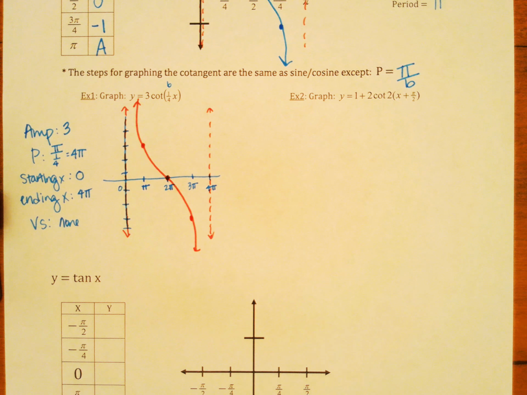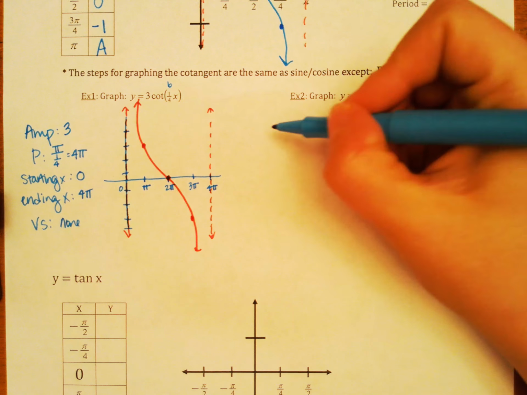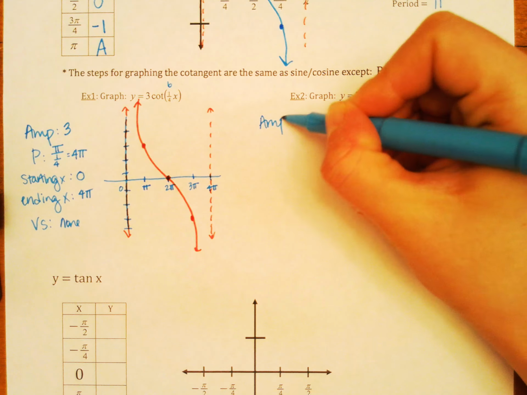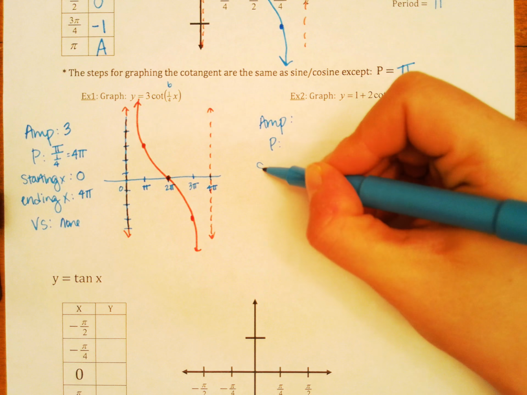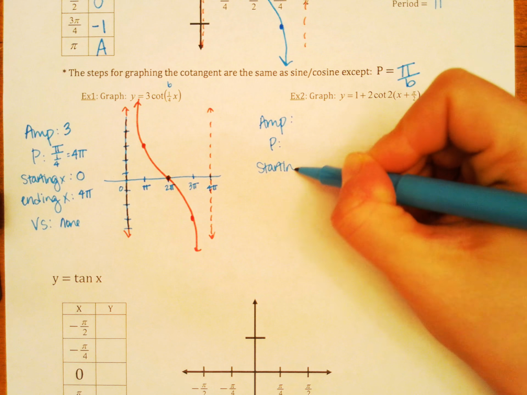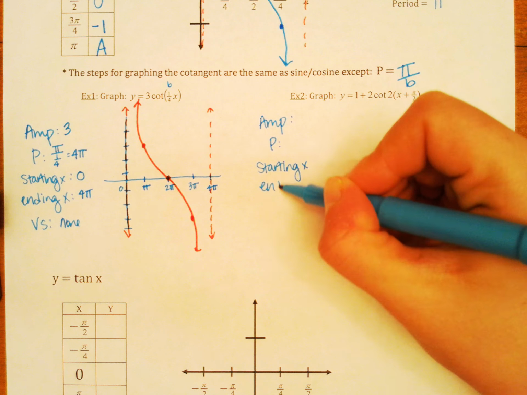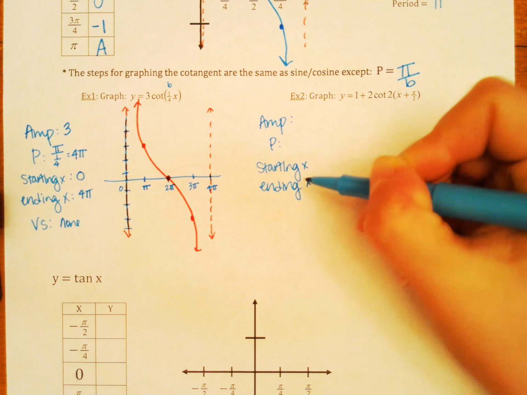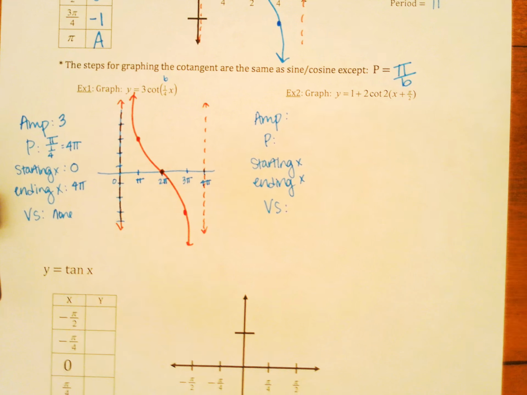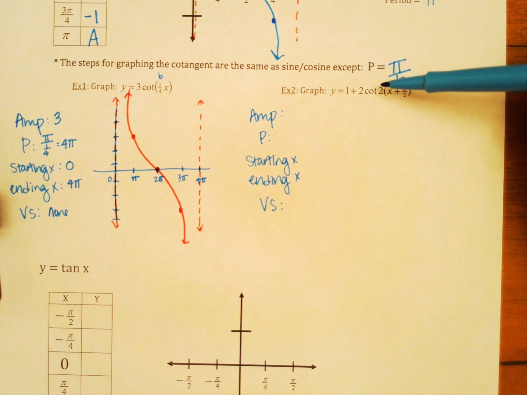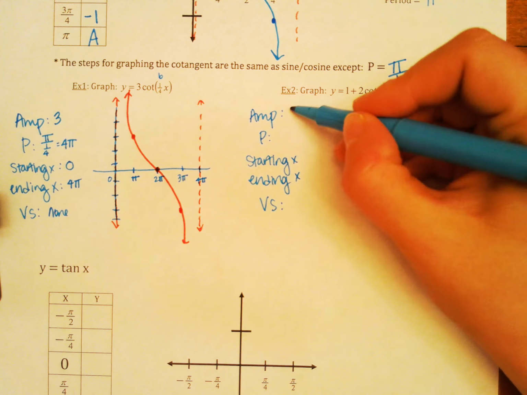Okay, let's try again, except we're going to have a few more transformations. So here's our amplitude, our period, our starting x, our ending x, and our vertical shift. So our amplitude is in front of that, so that's going to be 2.